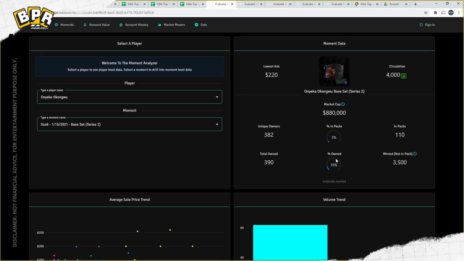So we need to see 95% owned, more distributed in, and we should see a higher distribution of these moments, right? So we want to see this close to 95%, and then obviously the listings will be much lower because it's a 4,000 LE.